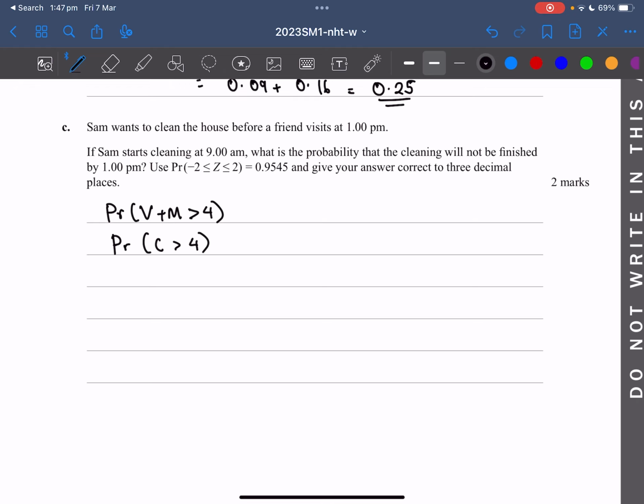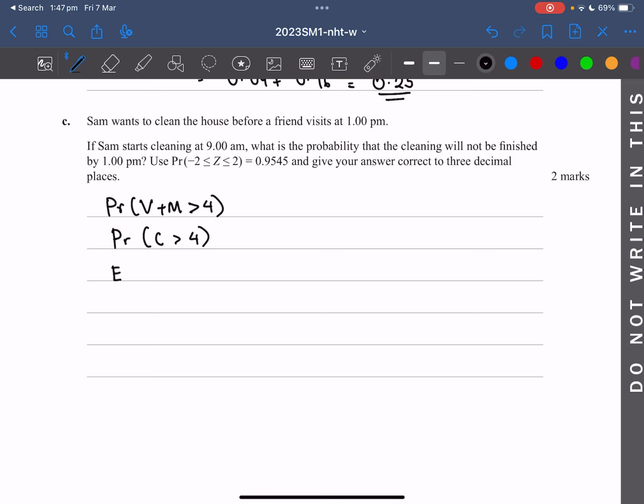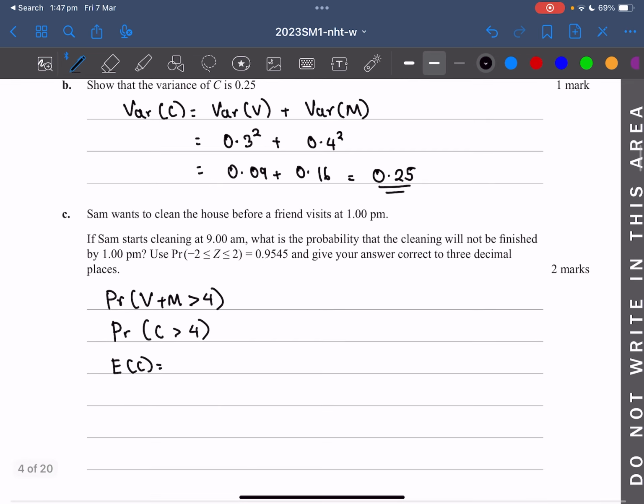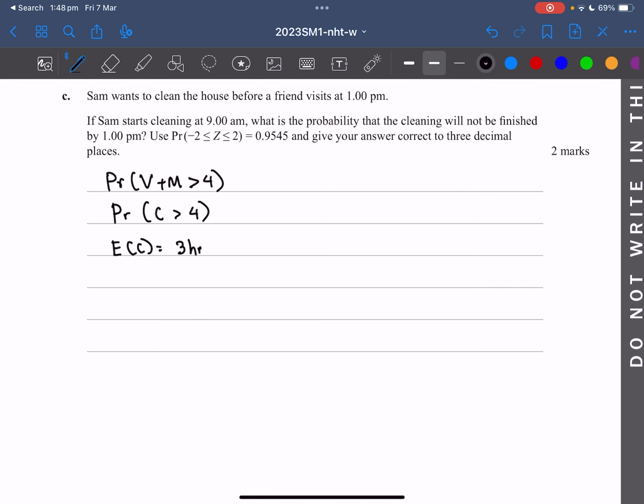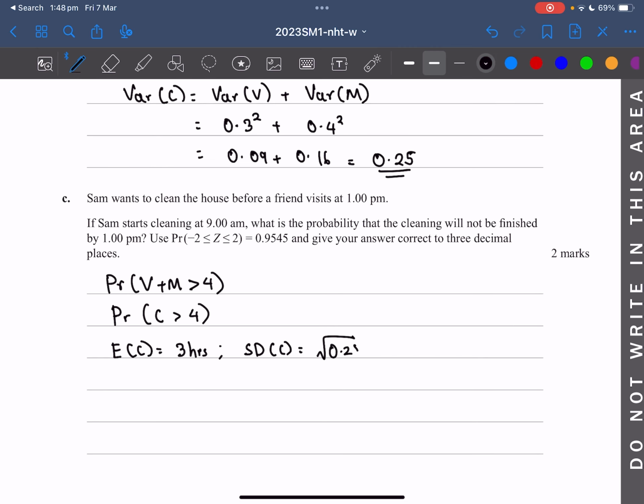Now, from the previous questions, we can determine our mean of C, which is 3 hours. And our standard deviation of C is the square root of the variance, which is 0.25, so that will be 0.5 hour.